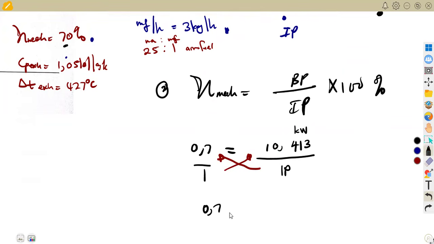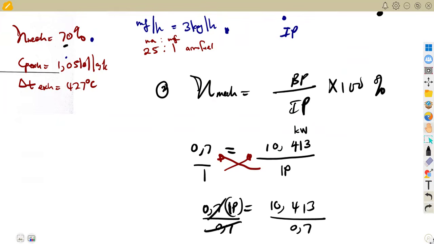So that's 0,7 times IP is equal to 10,413 kilowatts. If we divide by 0,7, we are remaining with the indicated power in kilowatts.